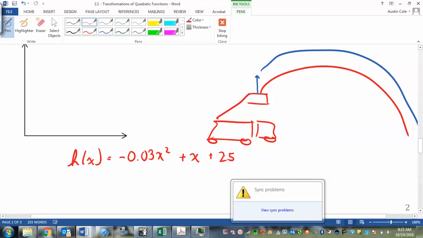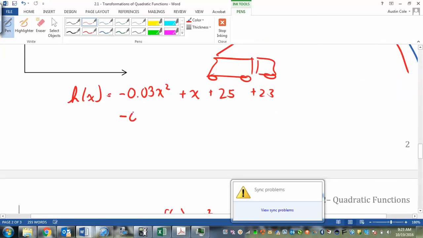Plus 23. I need to add that 23. So then we're going to get negative 0.03 x squared plus x plus 48. So this is our new function.